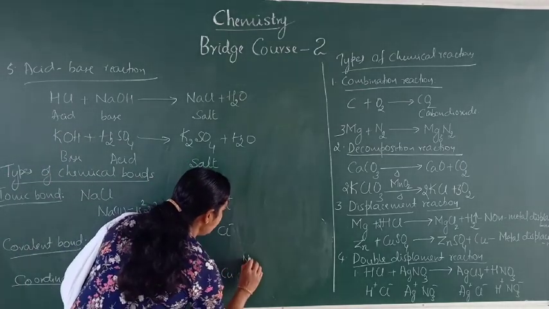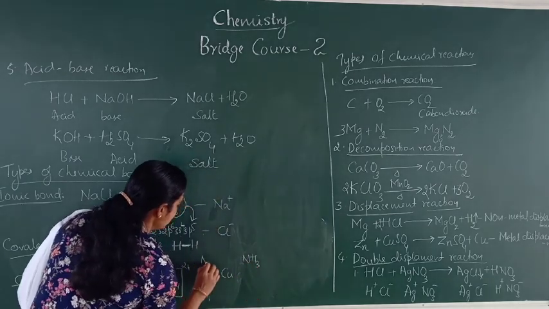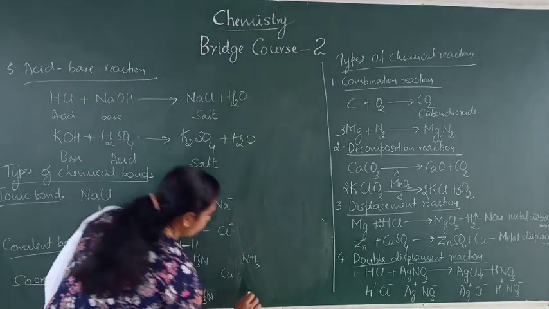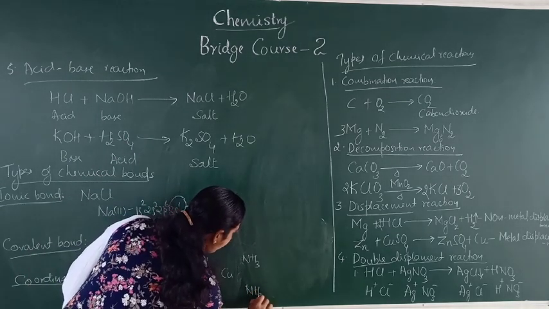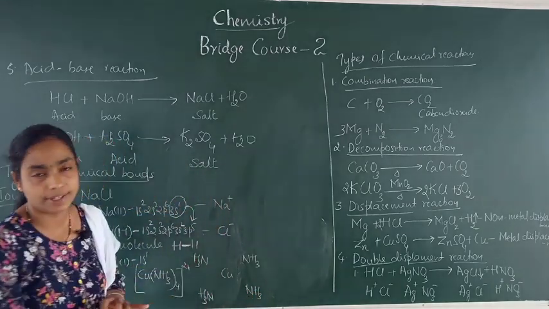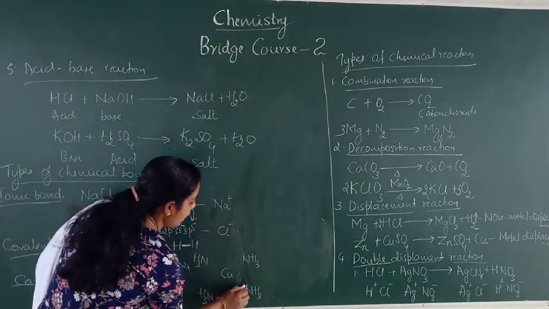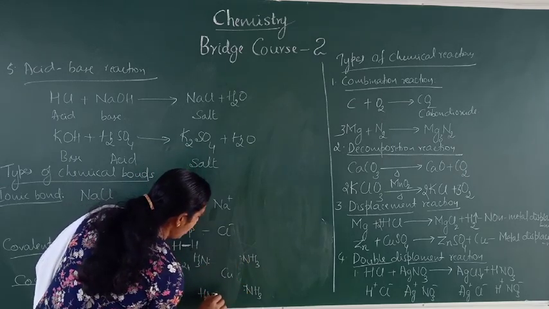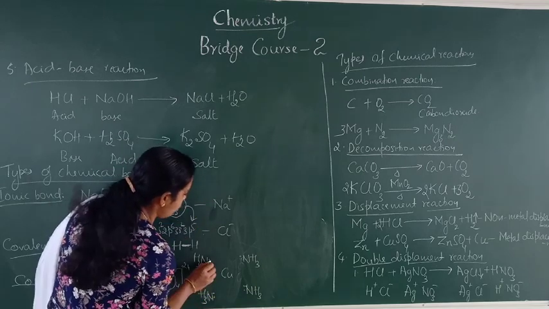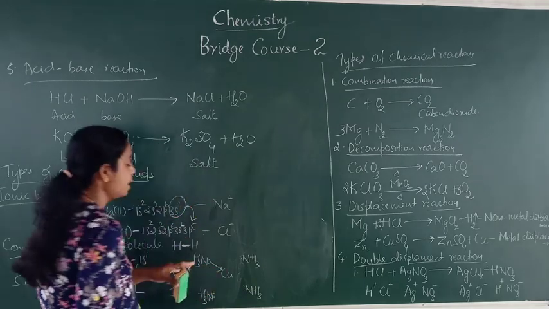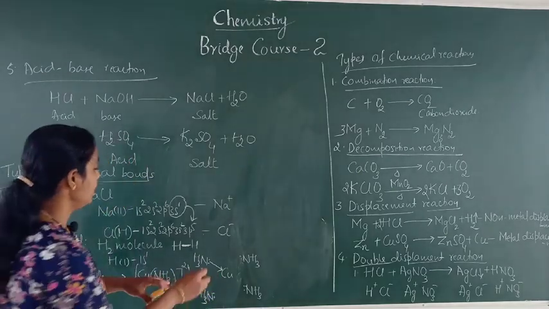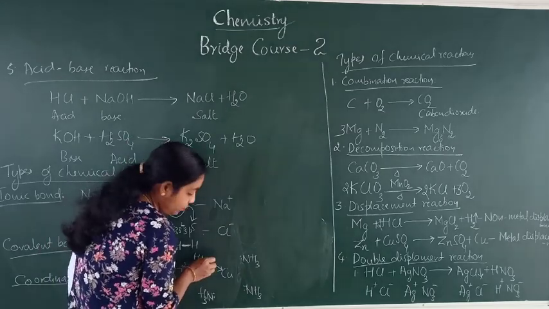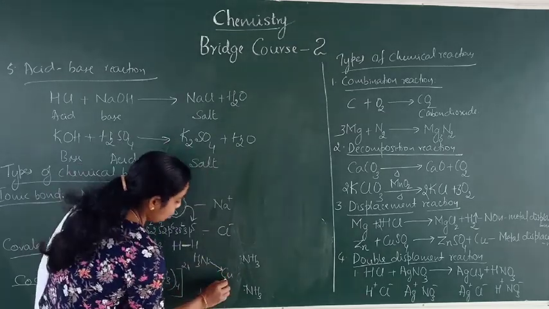For the formation of cupramonium ion, the nitrogen atom of the ammonia molecule donates a lone pair of electrons to copper 2 plus ion, and a coordinate bond is formed in between the ammonia molecules and copper 2 plus ion. The atom which donates a pair of electrons is nitrogen. Therefore, the arrow mark should start from nitrogen and end with copper.